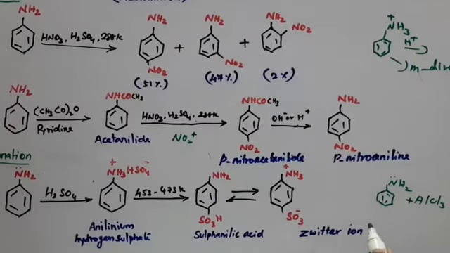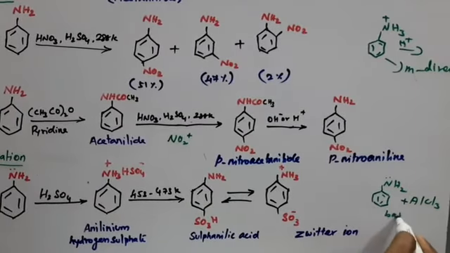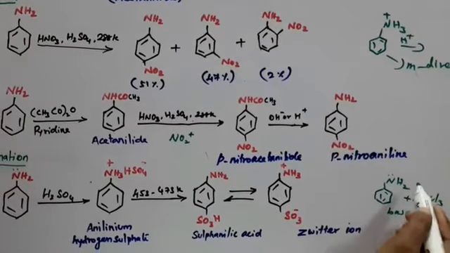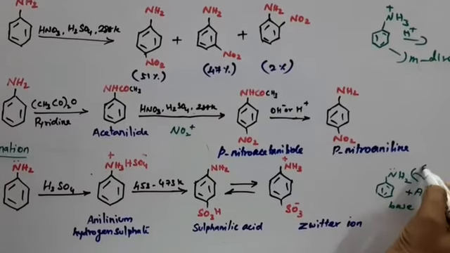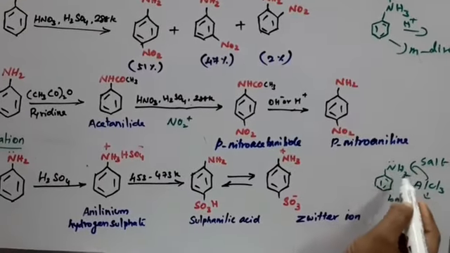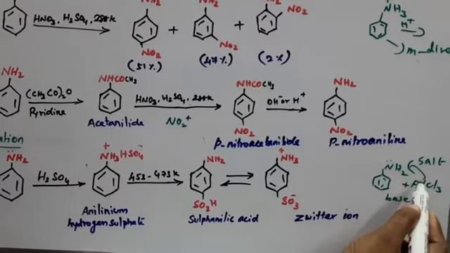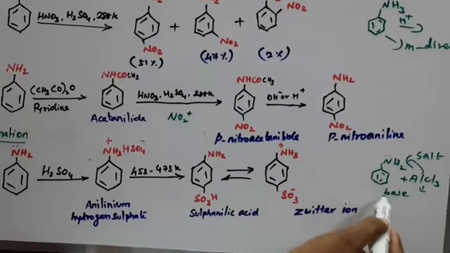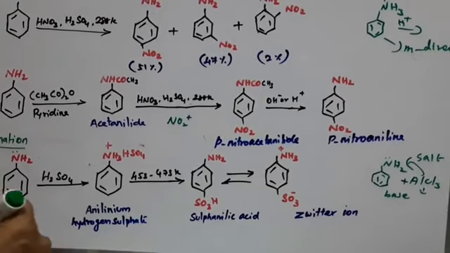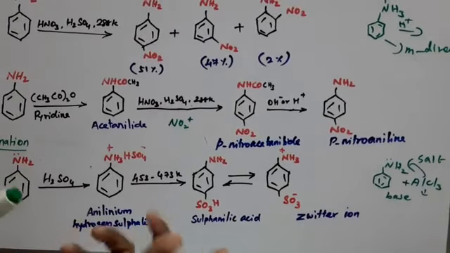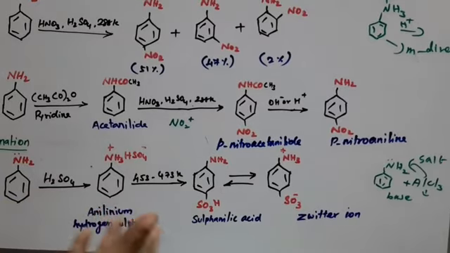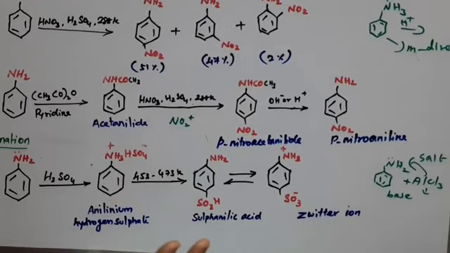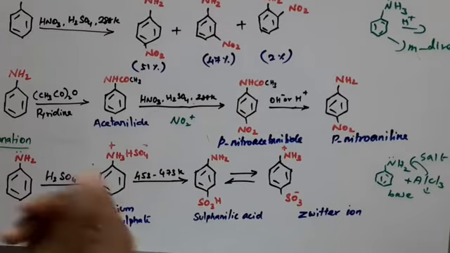This is the base, this is the acid, so acid plus base forms a salt. What salt? NH3 plus AlCl3 minus. So we cannot get the expected product. The aniline does not undergo Friedel-Crafts acylation as well as alkylation reactions.